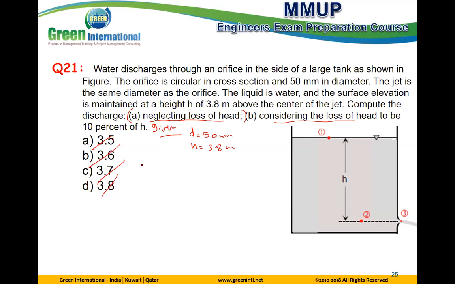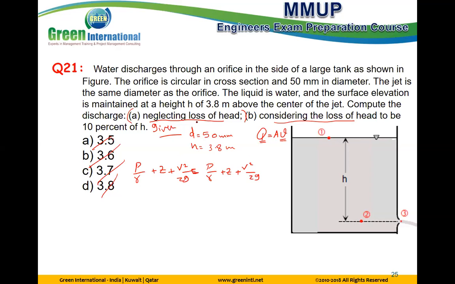Bernoulli. Yes. But according to the requirement, he needs this discharge. To calculate this discharge, we need the velocity V. So the Bernoulli equation: P over gamma plus Z plus V square over 2g equals P over gamma plus Z plus V square over 2g.